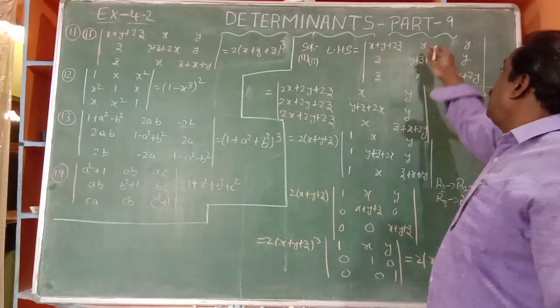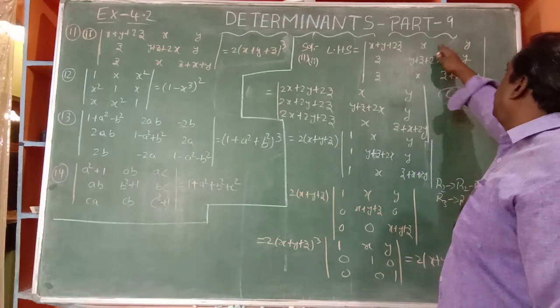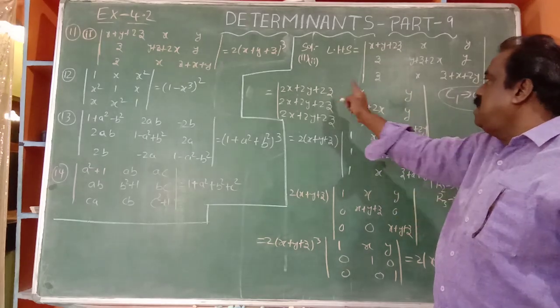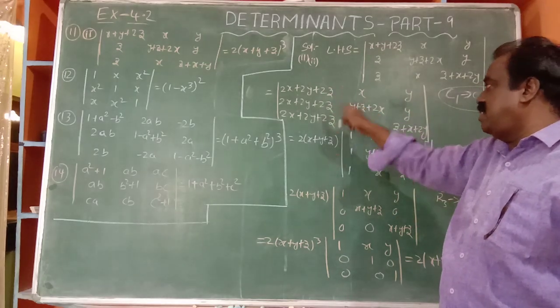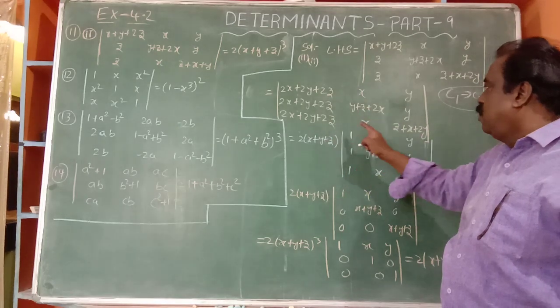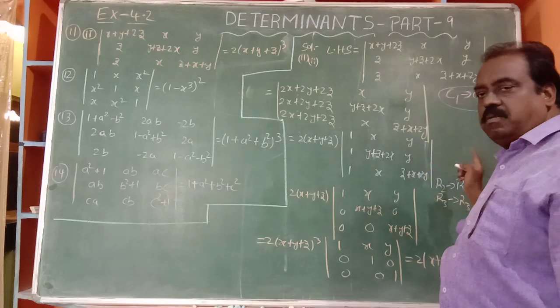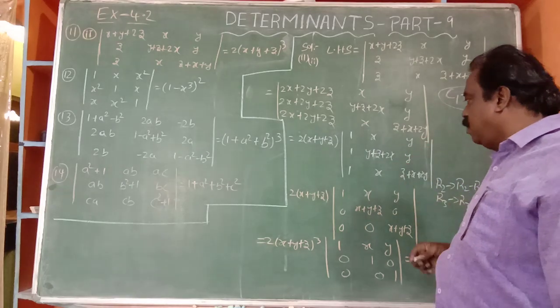And the second column and the third column are as they are. No change at all. But here 2 of x plus y plus z is taken as common in the first column. So there remain 1, 1, 1 and the same steps will be same. It will not be changed.